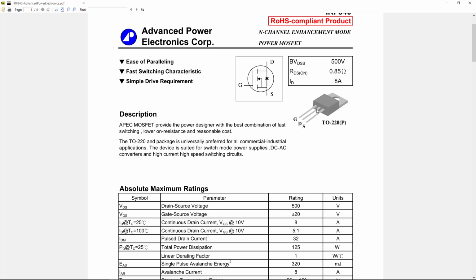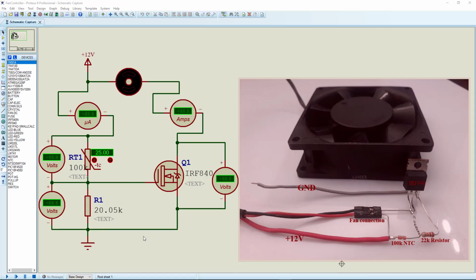Okay, so this is going to be the end of this tutorial. I promised that we were going to do calculations, but the tutorial has gotten a bit too long. So in the final tutorial of this series, we're going to really determine what resistance we can select if we want this thing to turn on at 60 degrees instead of 45 degrees. We already see that 20 kilo ohm turns it on at 45 degrees. What if we want it to turn on at 60 degrees? What resistance are we going to select?